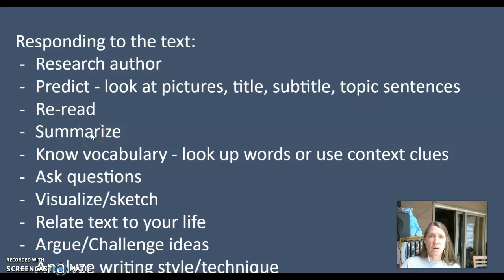Another way to comprehend better is to summarize. A lot of times what I will do is take a paragraph and then just summarize that paragraph in maybe a phrase or a clause or even a sentence about what the main gist of that paragraph is. Know that vocabulary. Make sure you look up words or use context clues.